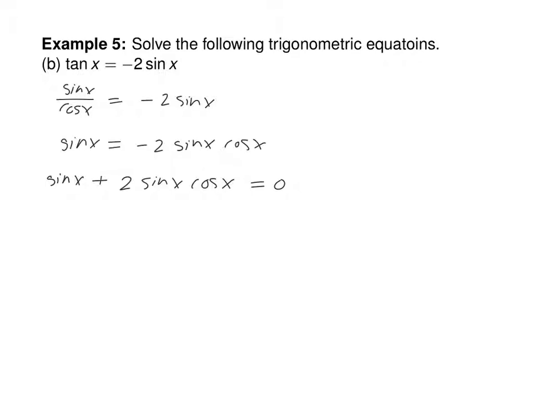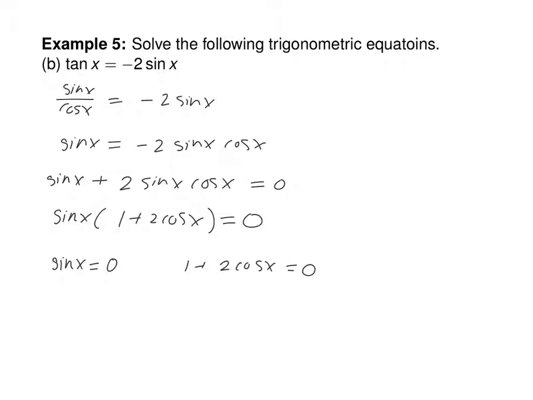All right, what can you do next? Take out sine of x. That's not so bad so far, right? Then you can solve sine x equals 0, and you can solve 1 plus 2 cosine of x equals 0 individually.